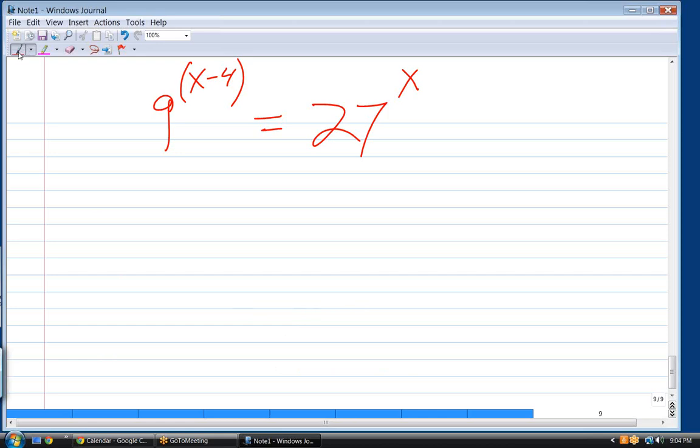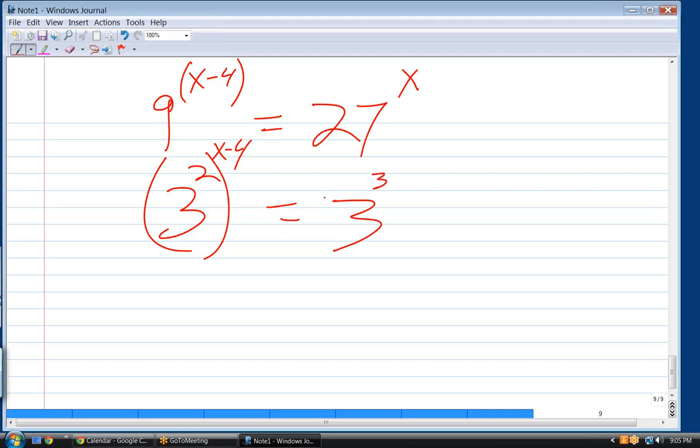Would it be, for the first one, 3 to the power of 2? Always put parentheses around it. In other words, I'm writing 9, I'm just writing it in this way. And then x minus 4 equals 3 times the power of 3. Now, multiply both sides.